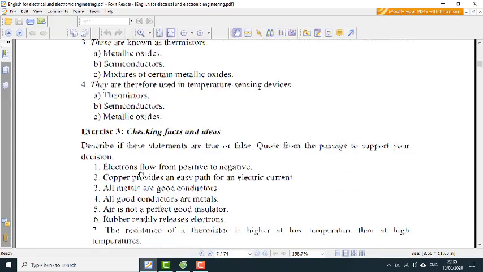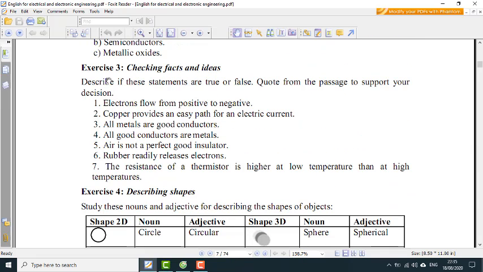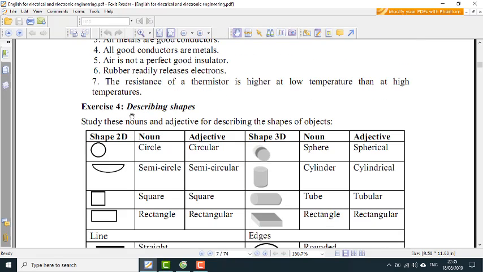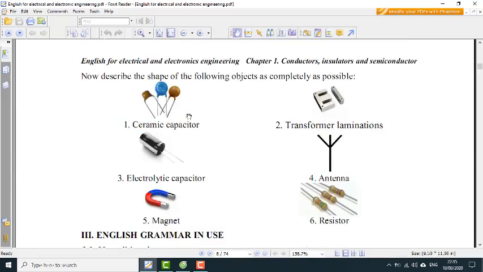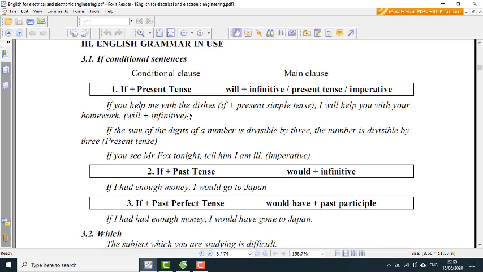This is very easy for you. And exercise 3, check it fast and ideas. Exercise 4, describing self. Okay. And English grammar, you must learn by yourself. It's very easy.